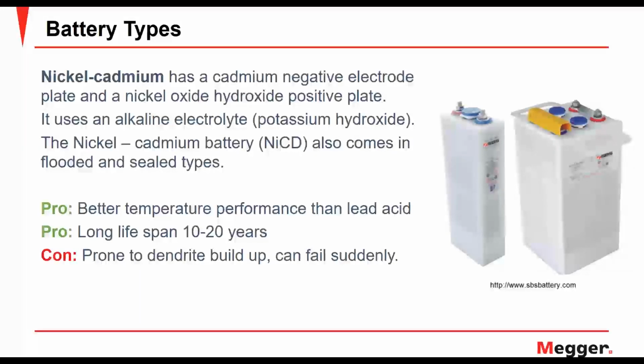They have relatively a good lifespan from 10 to 20 years compared to the valve regulated batteries. But if they fail, they fail suddenly. You cannot really easily detect or trend their failure rate. That's why you see the lifespan from 10 to 20 years being a huge gap.